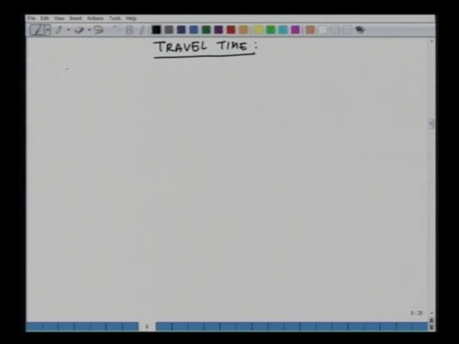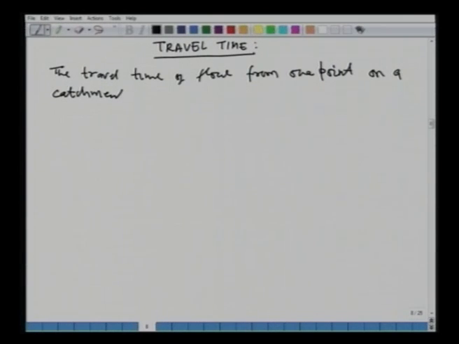The travel time of flow from one point on a catchment to another.